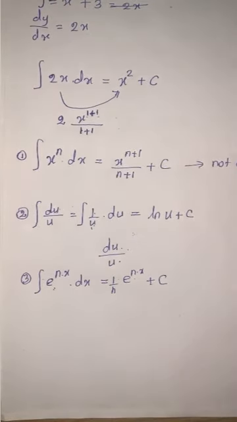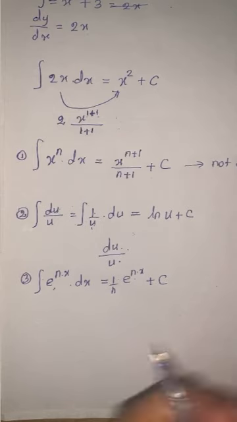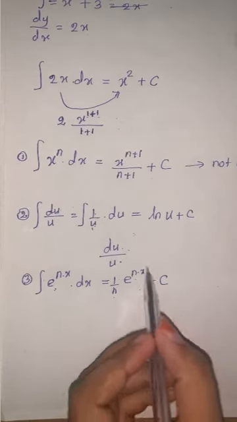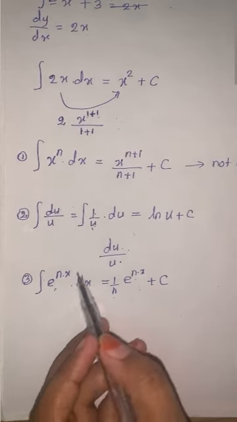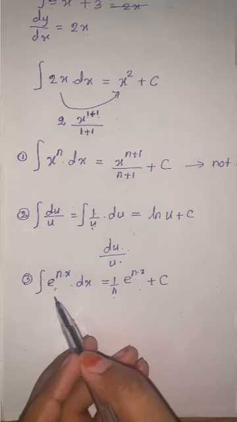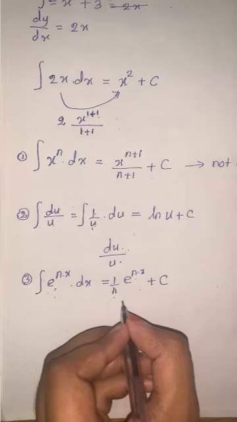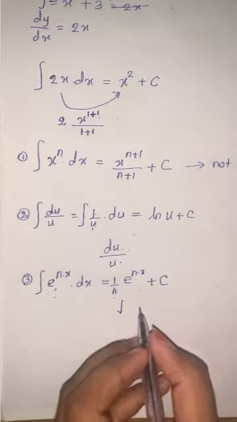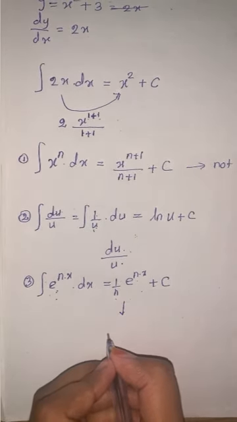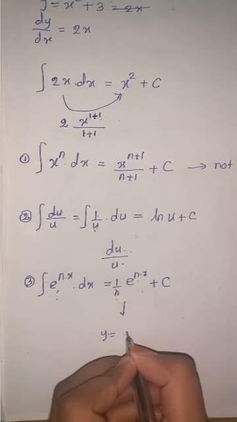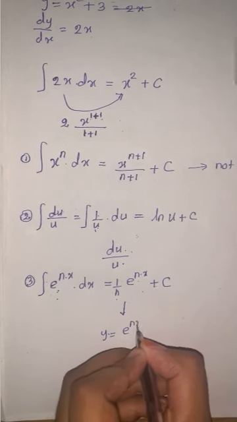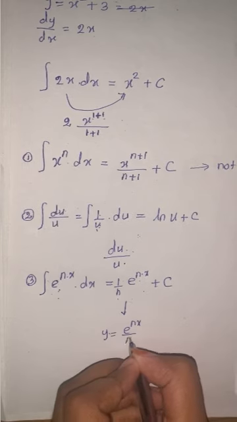Okay, with integration, if you want to check it, just differentiate the answer and see whether it comes back to the original. Then your answer is correct. Let's check. We have e to the power nx divided by n.